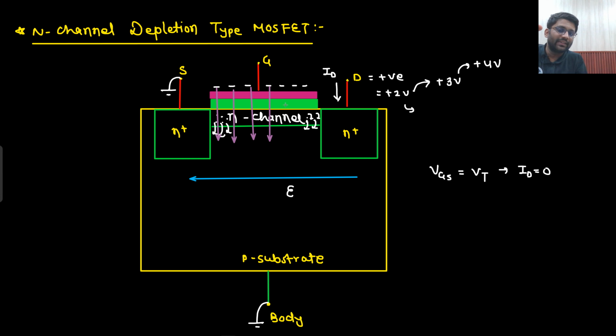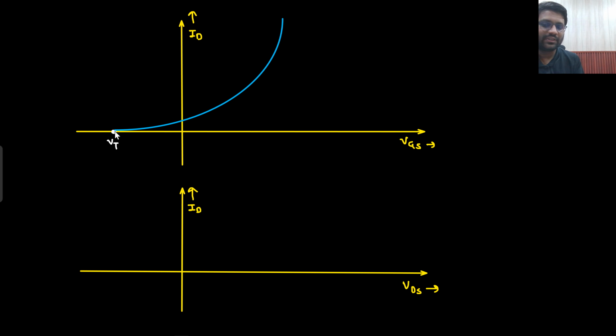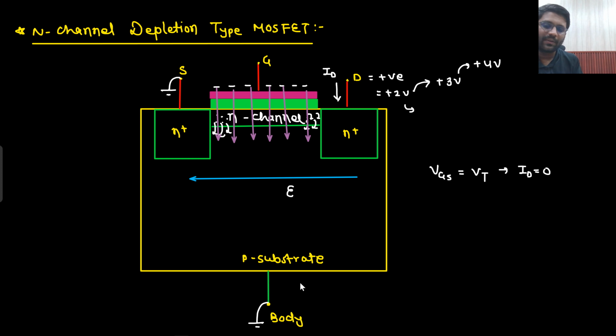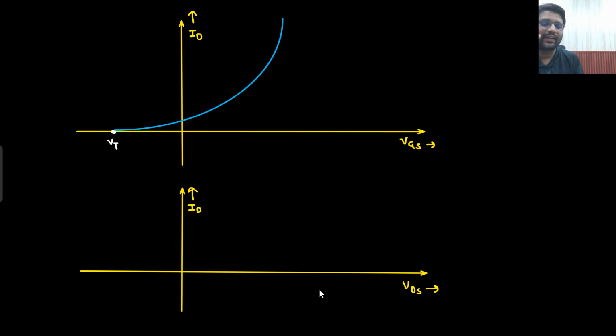And at some negative potential, the complete channel will be depleted and the current would become 0. So this is known as threshold voltage, which will be negative, right? So what is the threshold voltage for NMOS, but depletion type? Although they will not ask depletion type MOSFET in the GATE examination, just for theory purpose we are writing it down. Is that clear to you?